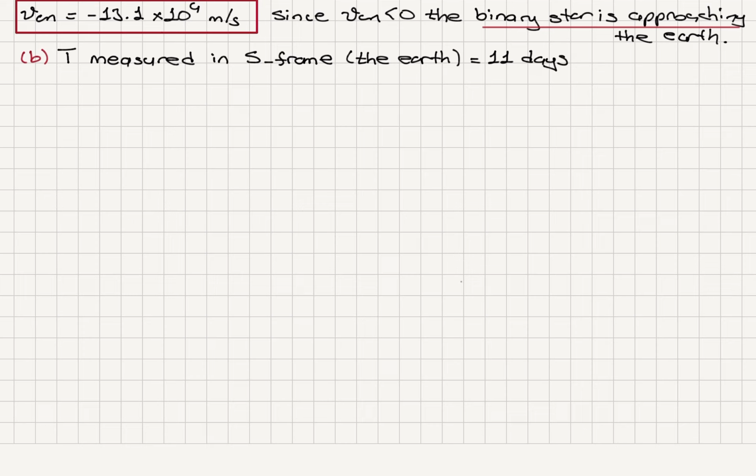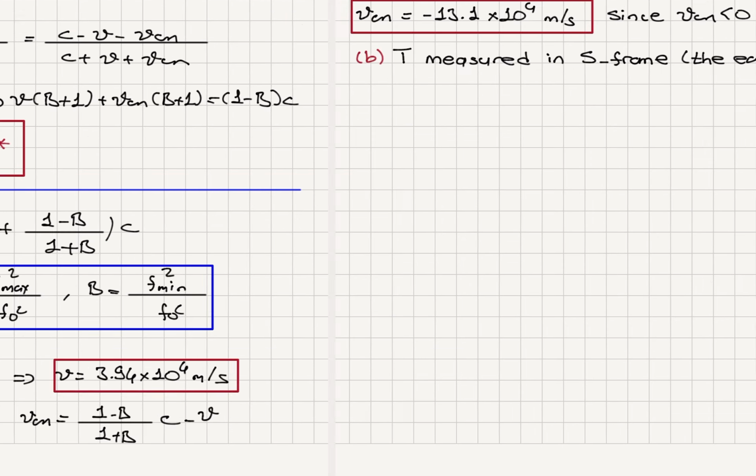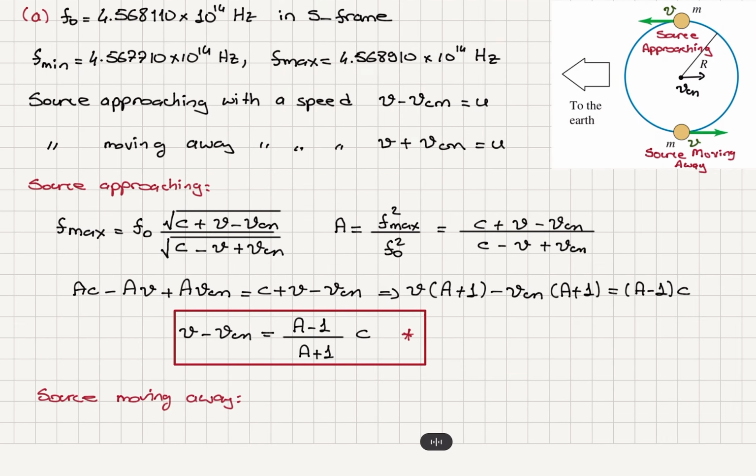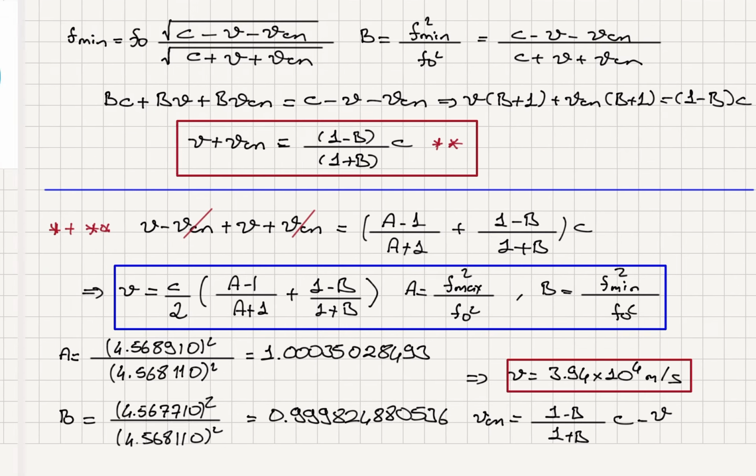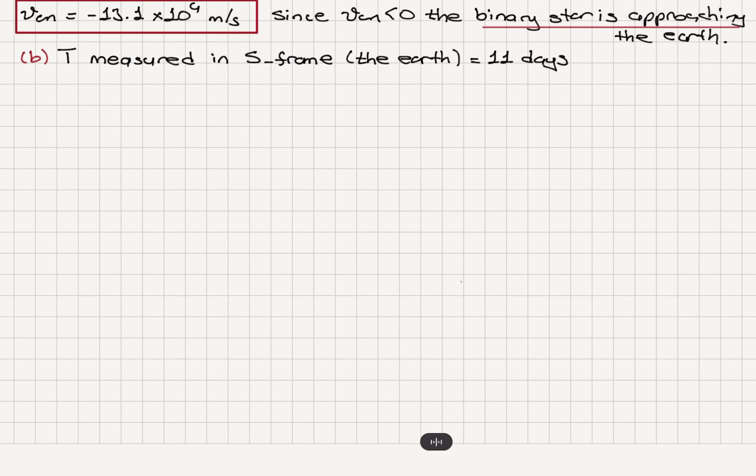Now, if we want to measure the period of one full revolution, the proper reference frame to do this is the reference frame of the stars. Why is that? Because the measurement starts at the same position in space as it ends for an observer on one of these stars.